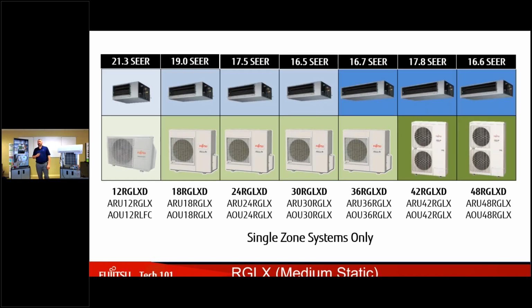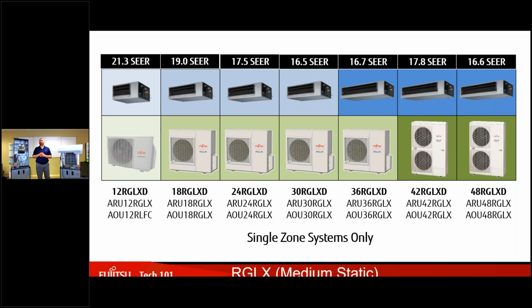Then we get into our medium ducted systems, our GLXs. We have from 12,000 all the way up to 48,000 BTUs. These are going to be able to provide us with a lot higher static pressure. On the slim ducted units, we're getting up to 0.36 inches of water column.